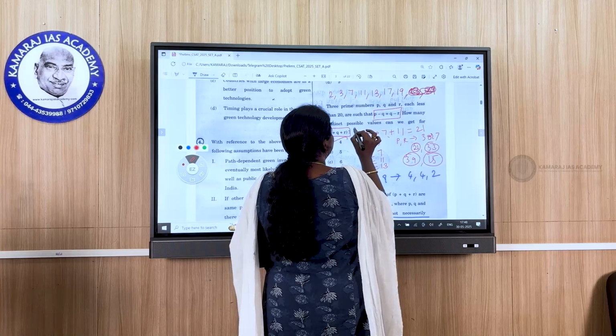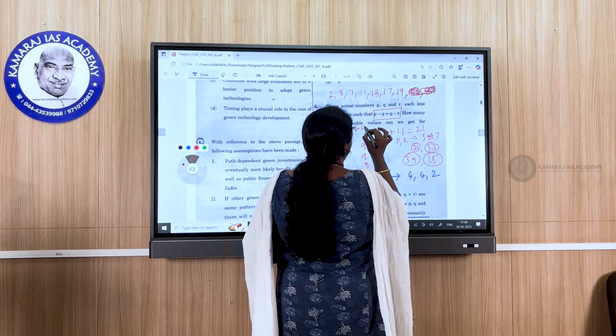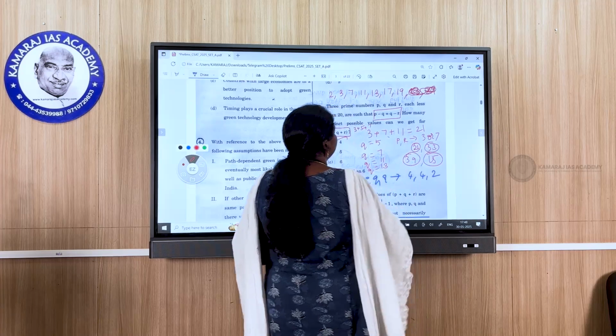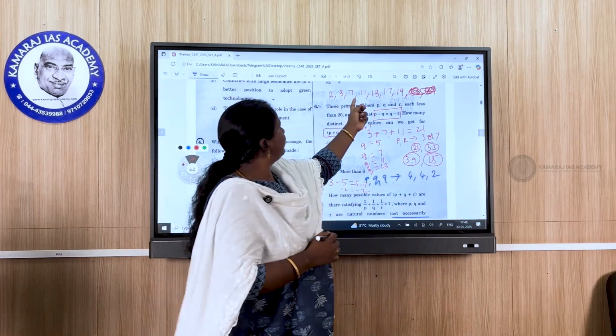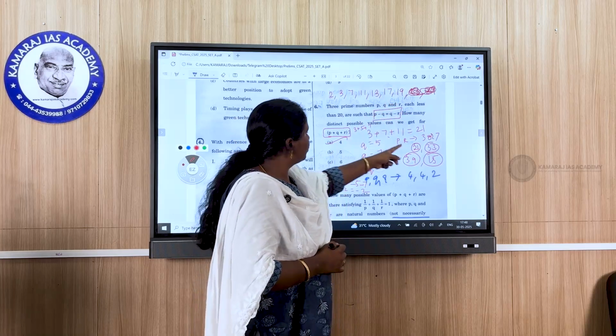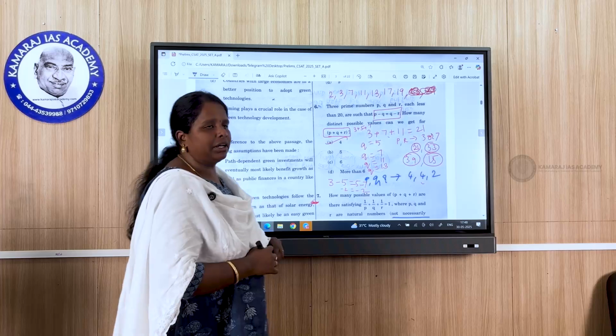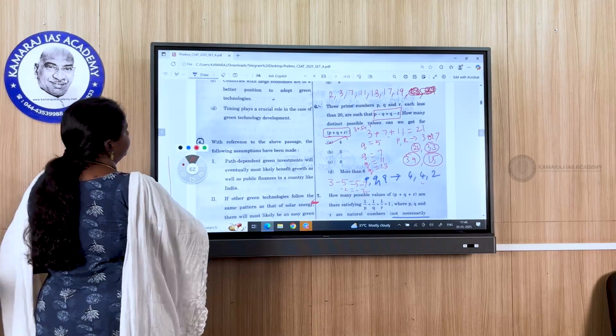Similarly, I will be using the other triplets for 21, 33 and 39. So 4 distinct possible values are applicable. Right? Next.